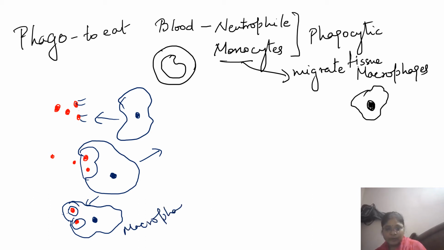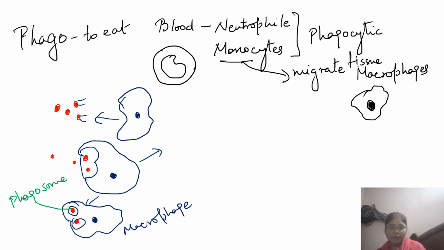So this gets inside, and now we call it what? Phagosome. This is called a phagosome. So the bacteria is now in a membrane inside the cell of your macrophage.